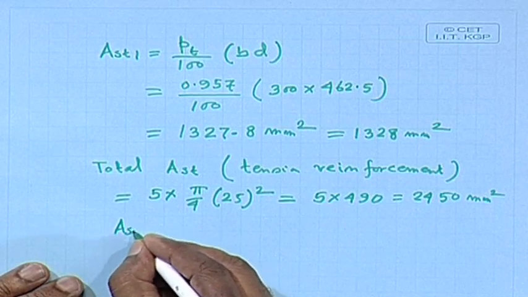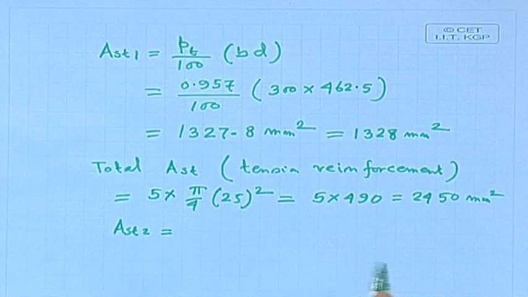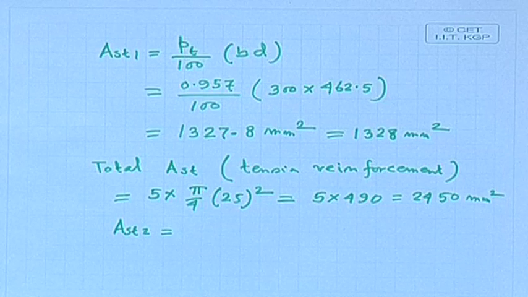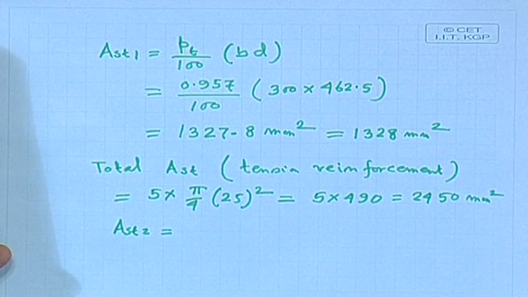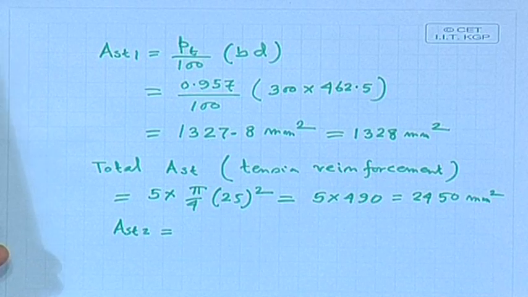AST2 equal to, I think I have taken little more. So, 25. So, I can write down here, instead of that, 490.8.